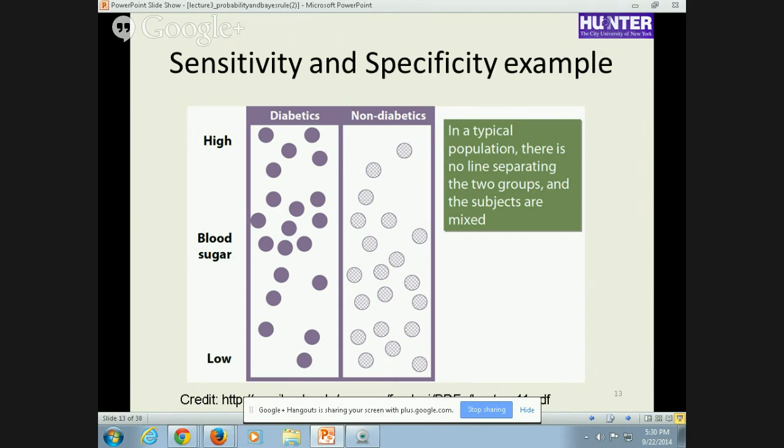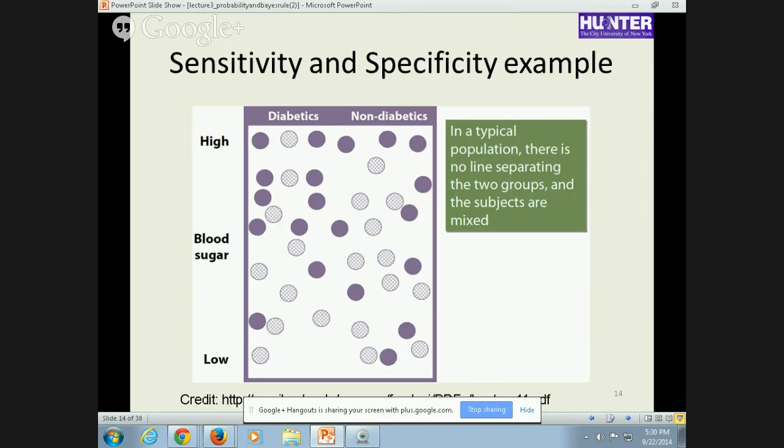So that was a nice, illustrative example. In real life, in a real population, there's no line there. All we have in the example of blood sugar level is a continuous measurement. It's a quantitative value. We don't actually know who the diabetics and non-diabetics are, so there's no line in the middle.